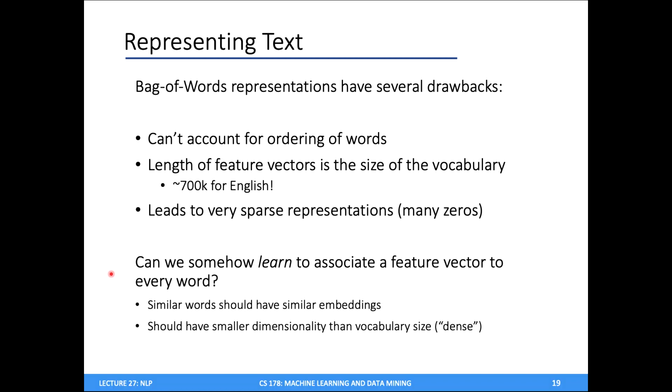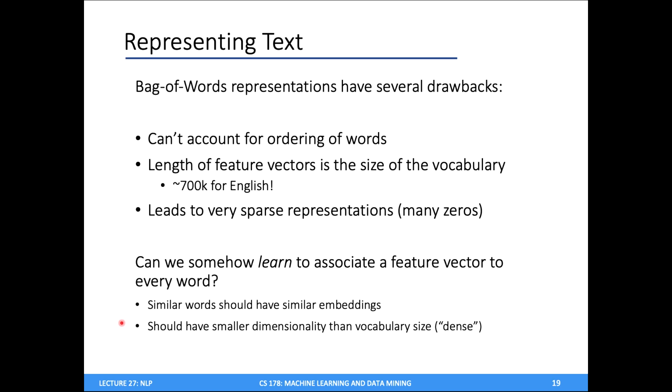And so the idea of word embeddings is to ask ourselves, can we somehow learn to associate a feature vector to every word? So you give me a word, and I'll give you some kind of dense vector representing that word. We call it an embedding because we're taking a word and embedding it into some vector space. And the idea is that similar words should have similar embeddings.